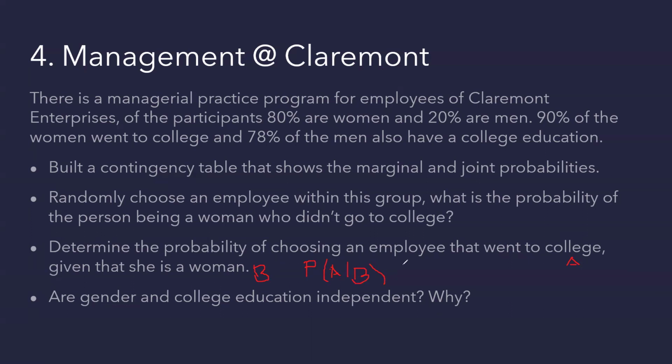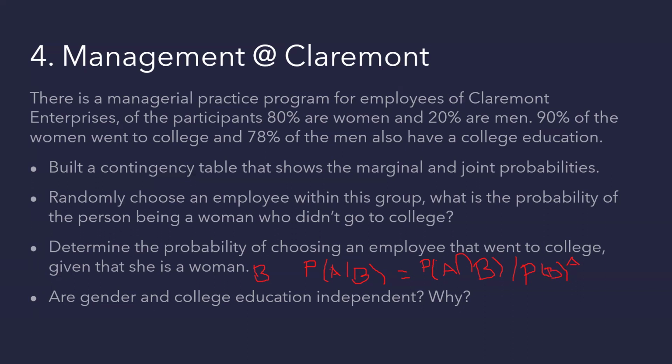And if you remember, this is the probability of A intersect B, that means an "and", divided by the probability of B, of being a woman.